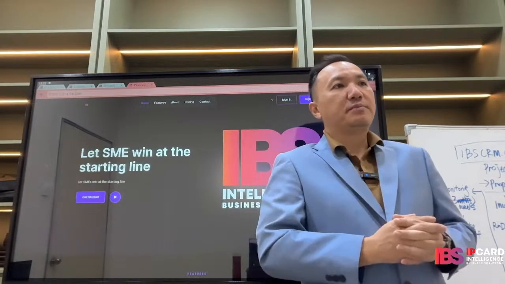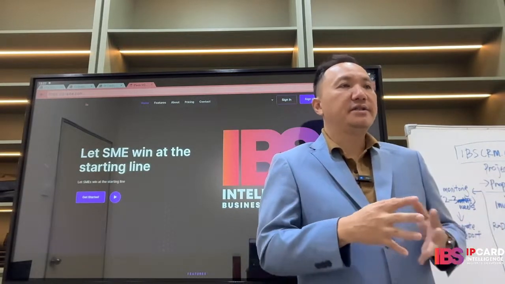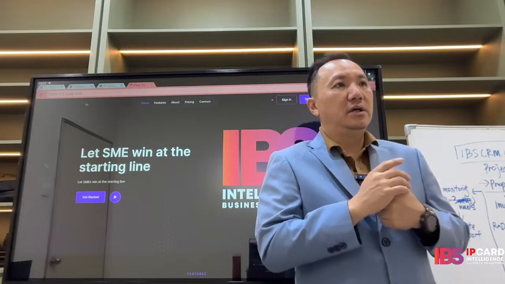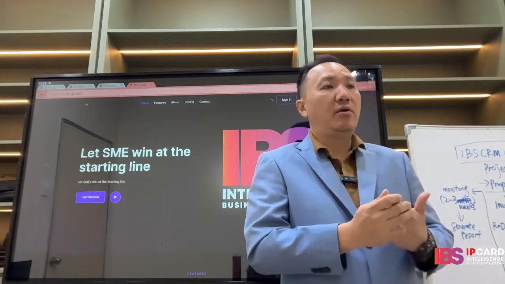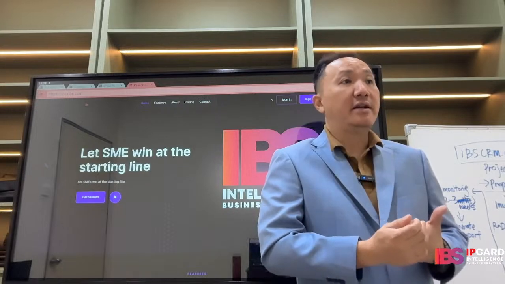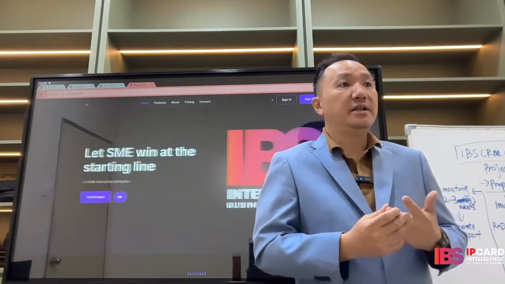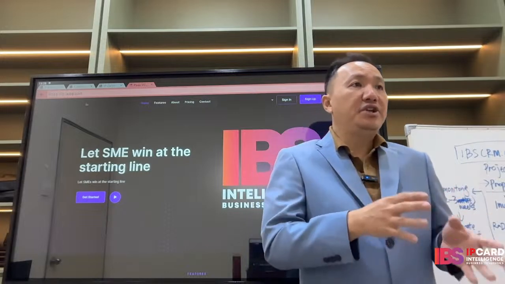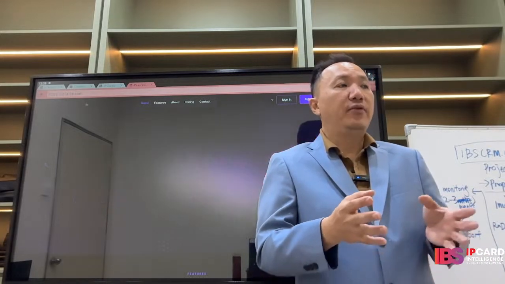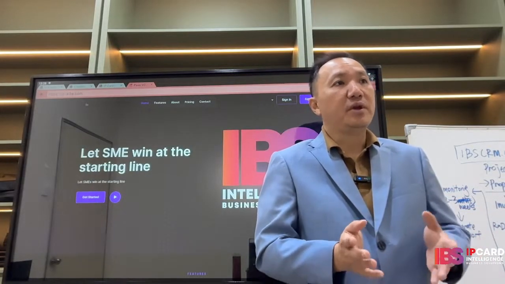So for digital presence, IP card is a combination of name card, a combination of your personal website, or more of a landing page than a website. Thirdly, it provides you with the facilities for e-commerce. So these three essential things are very useful for SMEs. Why do I say that?